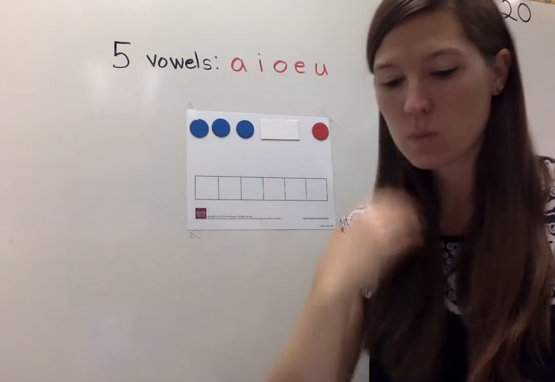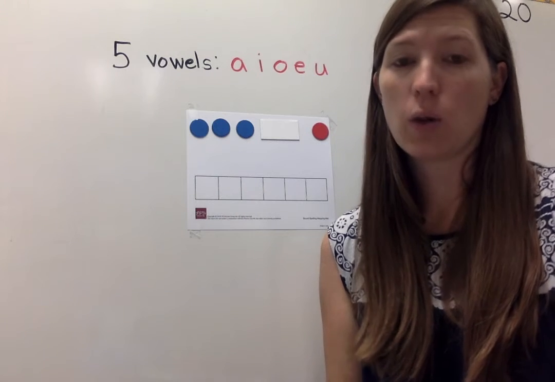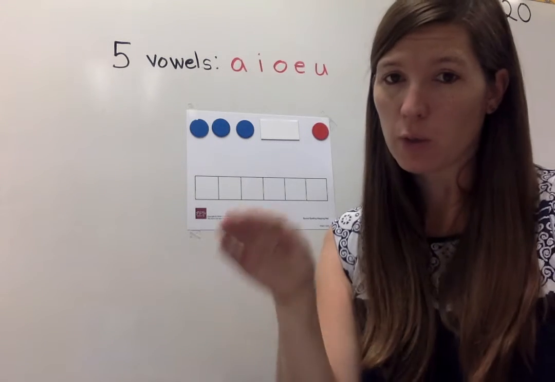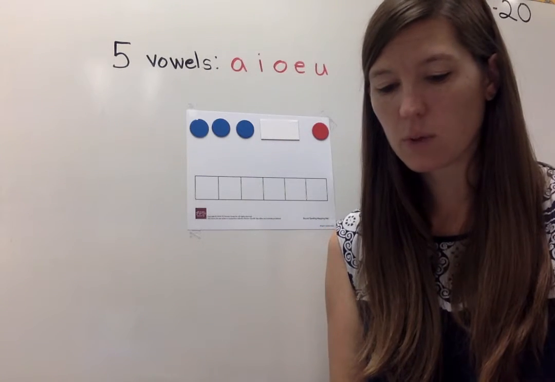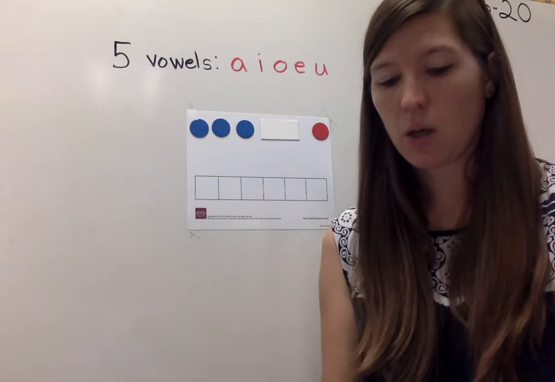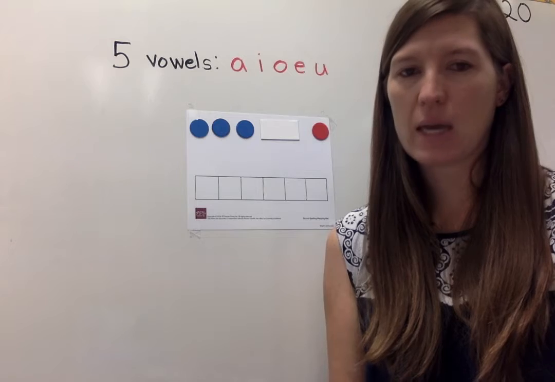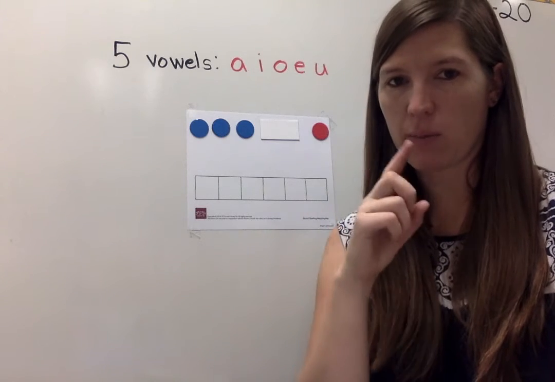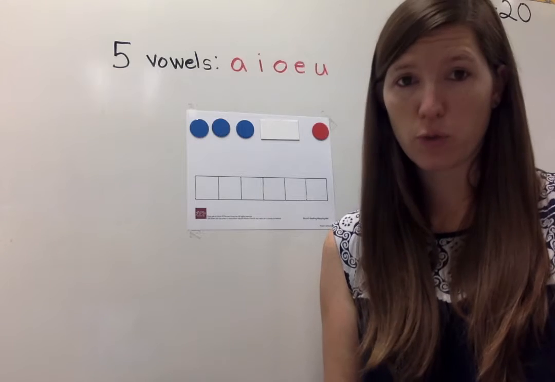Here we go. The next word is man. Man. So all of you that are little boys, when you grow up, you will be a man. Now I want you to repeat. Man. Now help me with the chips. What's the first sound? Man. What's the initial sound that comes out of our mouth? Which color sound chip should I move for M?